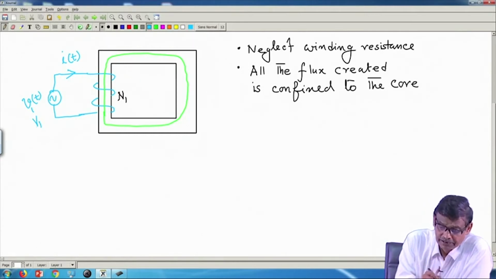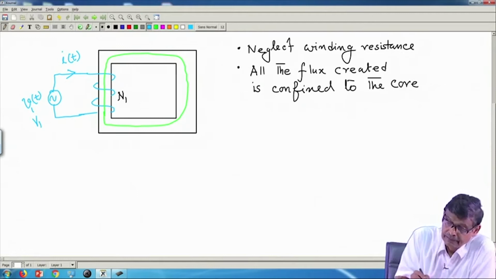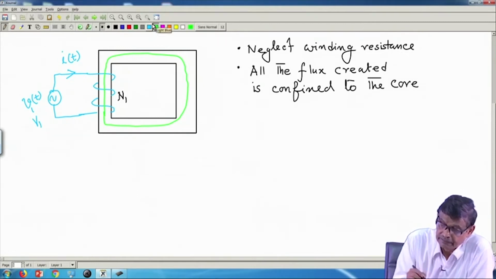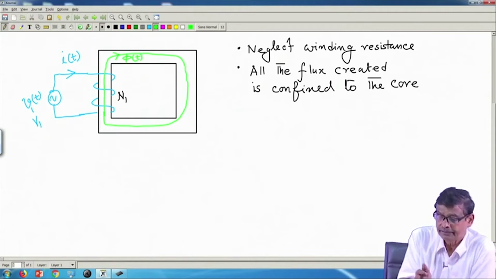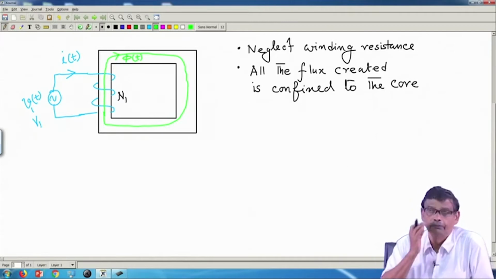Now, the moment this sinusoidal voltage is applied, the flux developed, the direction of the flux will also be time varying. When I is I max, phi will be phi max. When I is 0, phi will be 0, because current is expected to be sinusoidal, why not? And therefore, it will be like this.